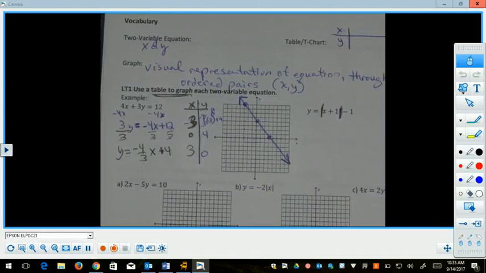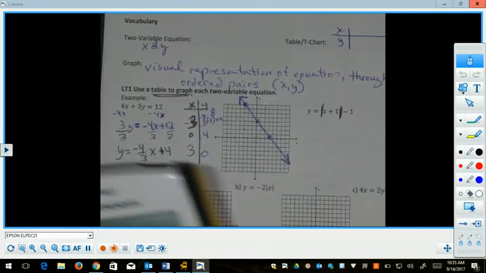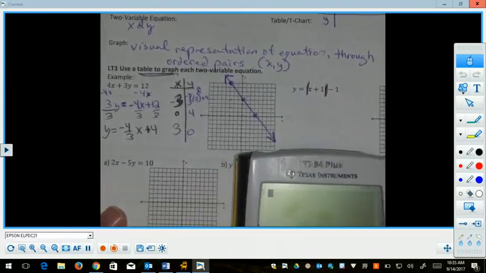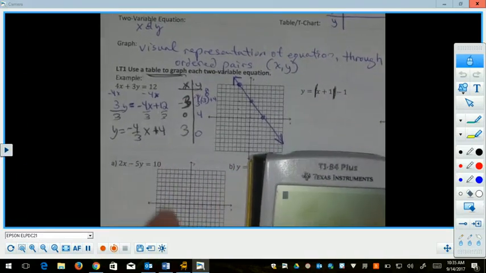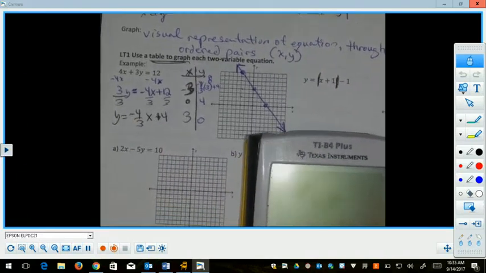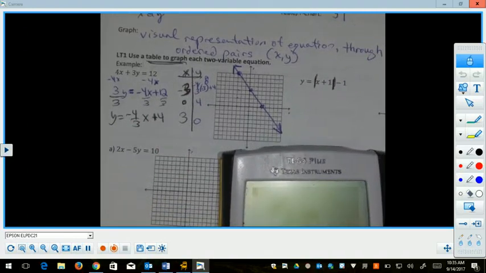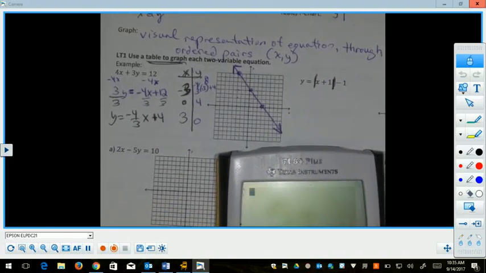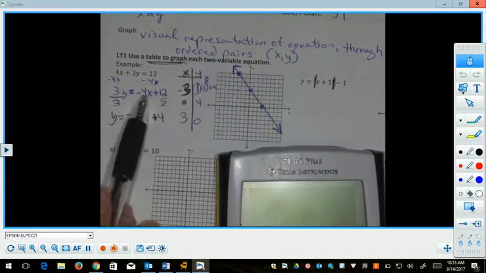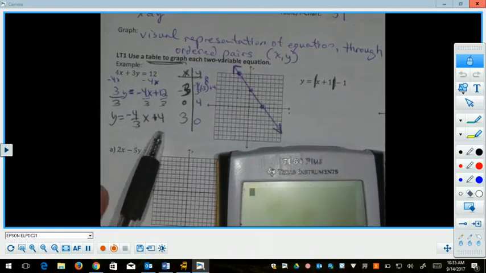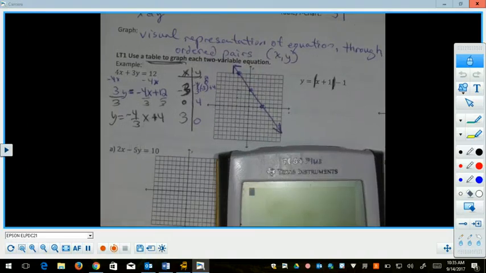Any questions so far? Now, if you have a graphing or scientific calculator, we should be able to do this pretty quickly in our heads, but if we needed to verify that our math is correct, or maybe I plotted the points and said, wait a minute, that's not a line, what did I do wrong? It might be that we solved it wrong, so we want to double check that, but it could also be that we're evaluating the points wrong.